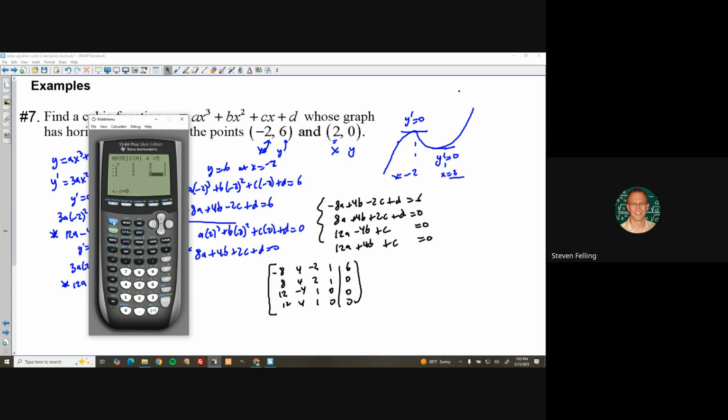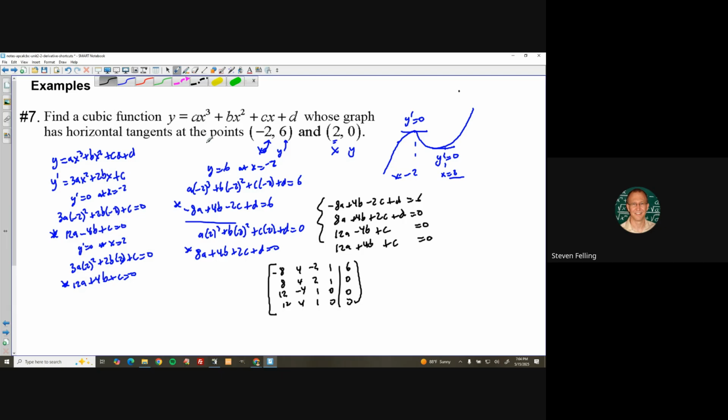So once that's all entered, we can go back to the command line, back to the matrix menu, over here to math, scroll down until we get to the RREF, reduced row echelon form function, and then go back to the matrix menu and say to perform that operation on matrix A. Then I'm going to go math to fractions and get that.